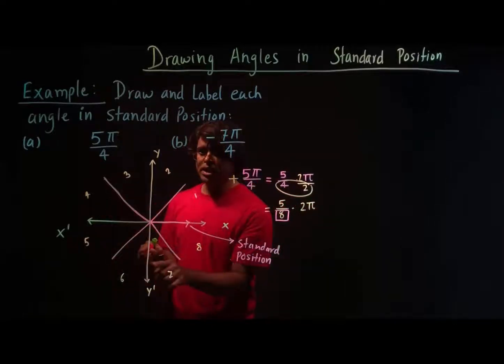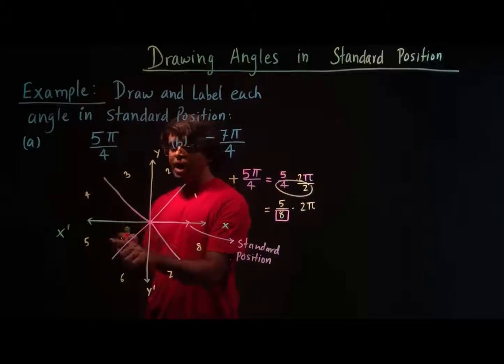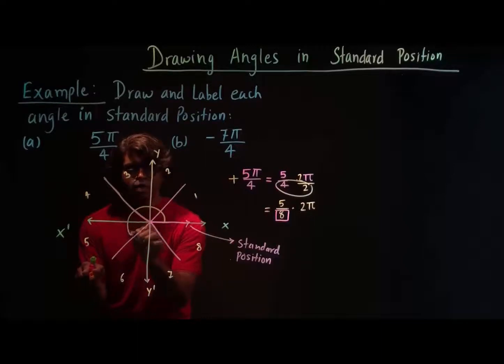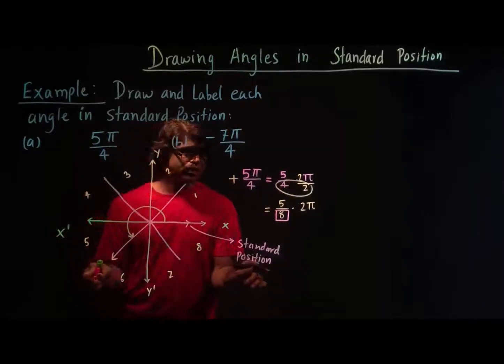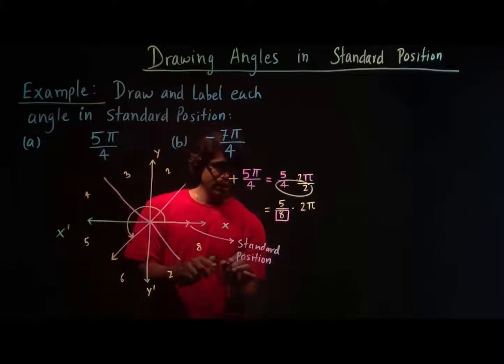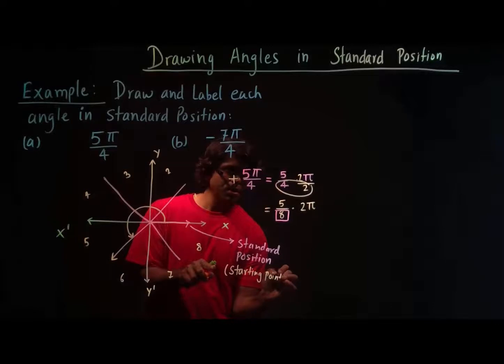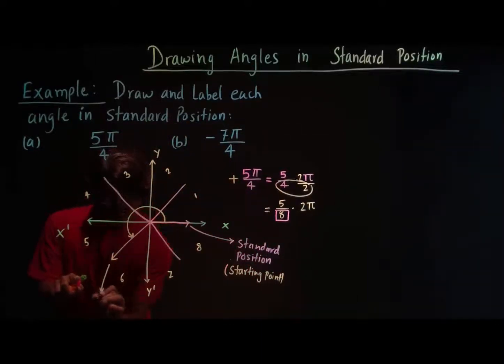I have 8 parts total. So let's count: 1, 2, 3, 4, 5. My circle will start and go all the way down to this point. This is my starting point, the standard position, and this is my terminal point or end point.